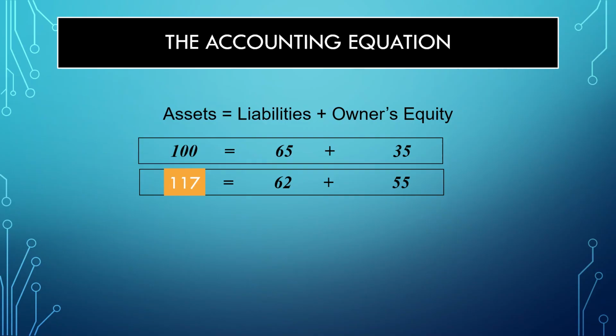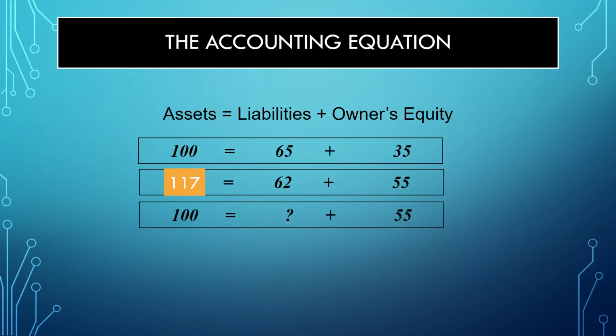Now, what if you have known that assets are 100,000, but you do not know how much liabilities are, and owner's equity is 55. How can you get the total liabilities here? Very good.